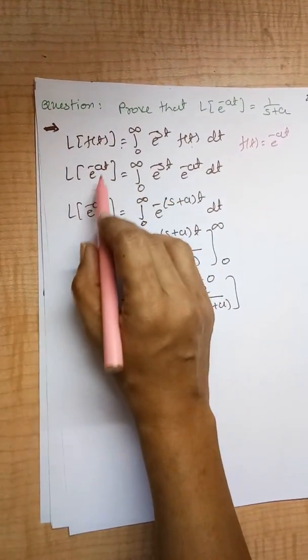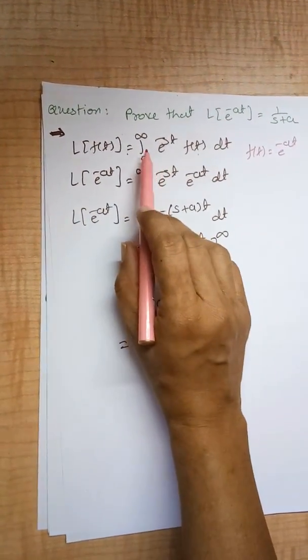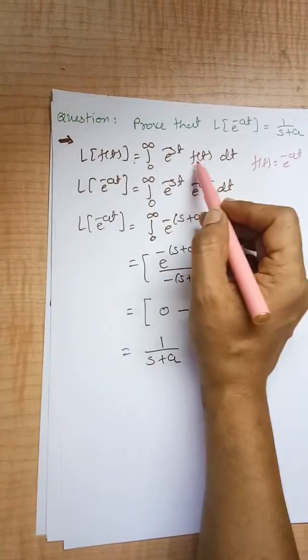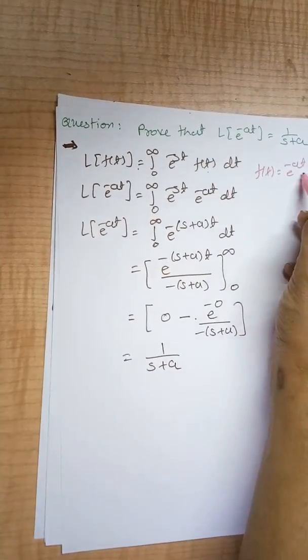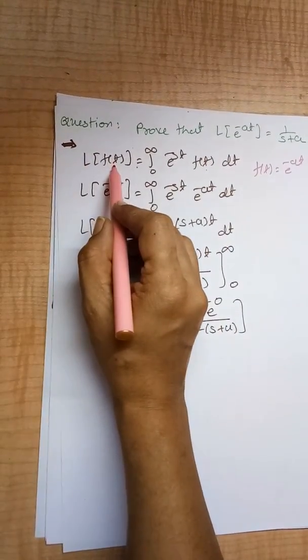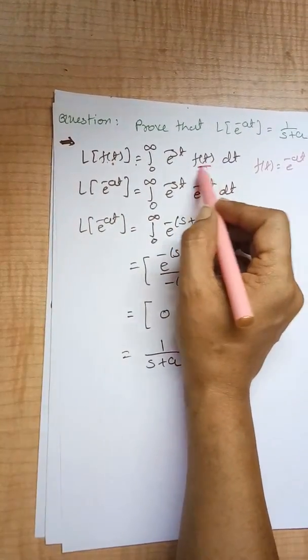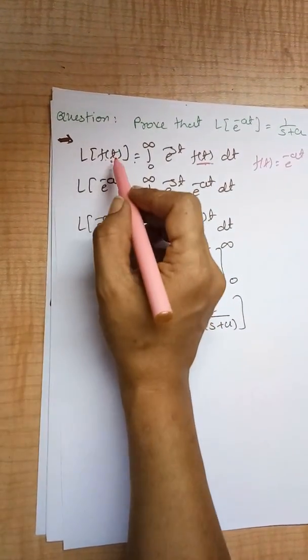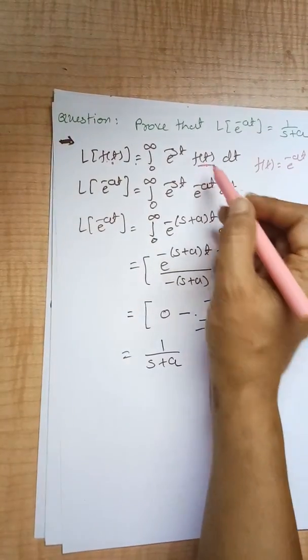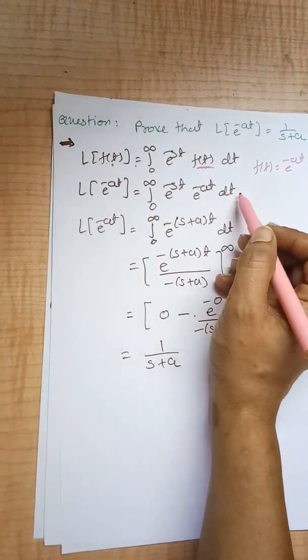After applying this formula, 0 to infinity e raised to minus st, keep it same, but in the place of function of t we write here e raised to minus at, dt.